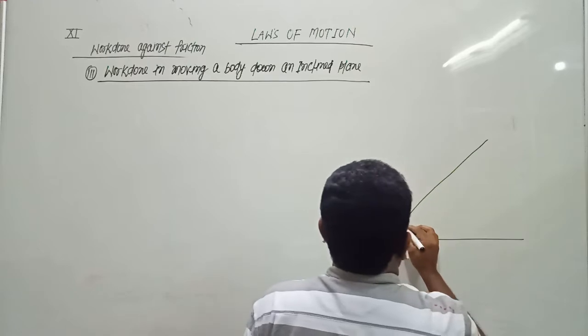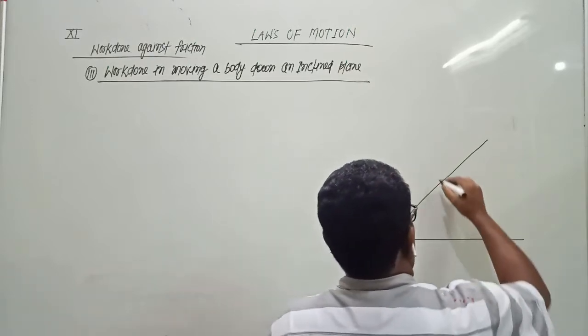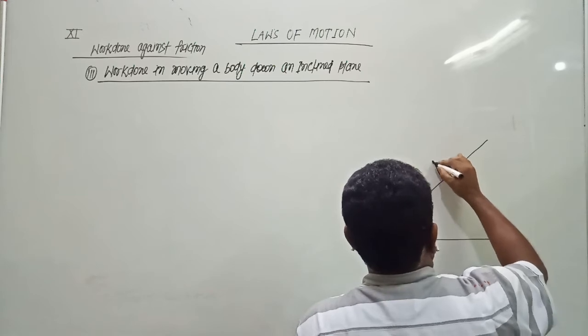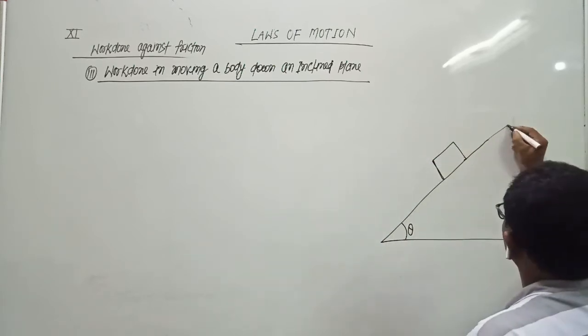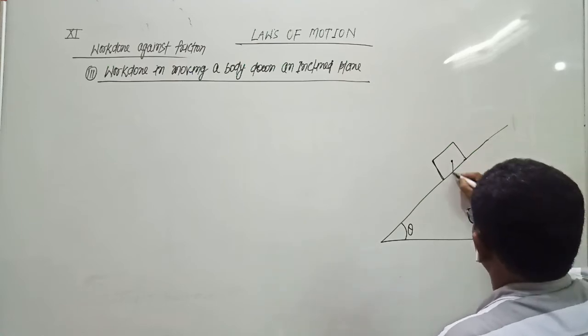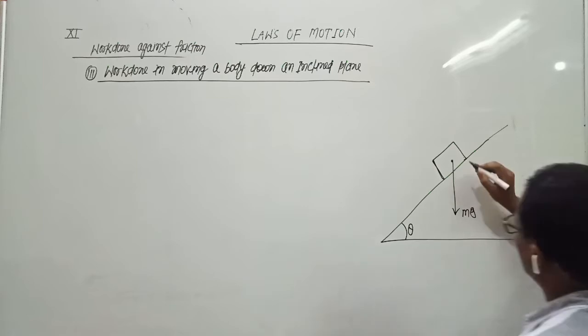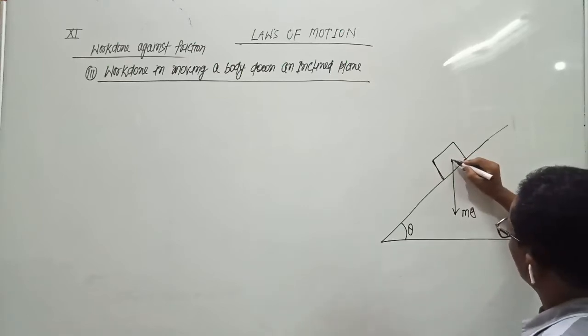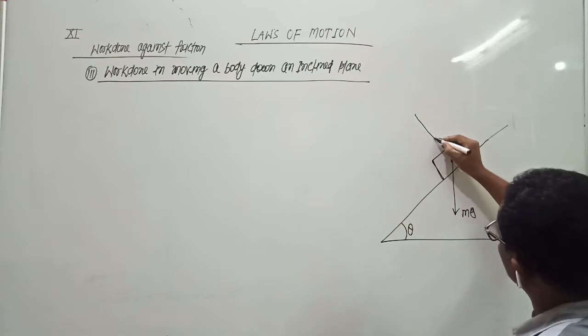The plane is inclined at an angle theta with the horizontal, and there is a body of mass m. So its weight mg acts downward, and the normal reaction R acts perpendicular to the surface.